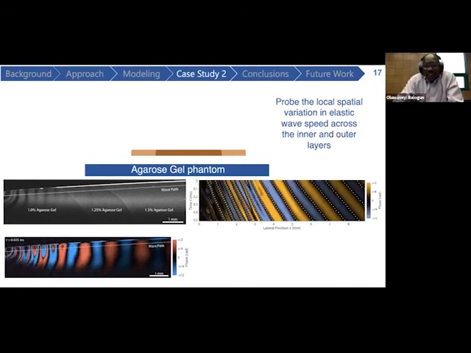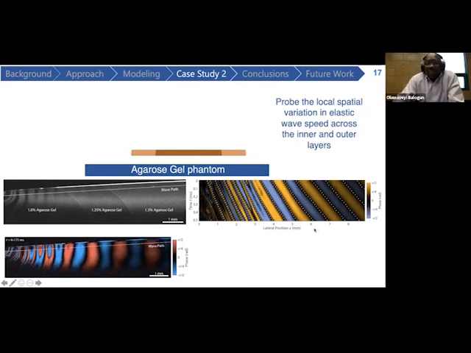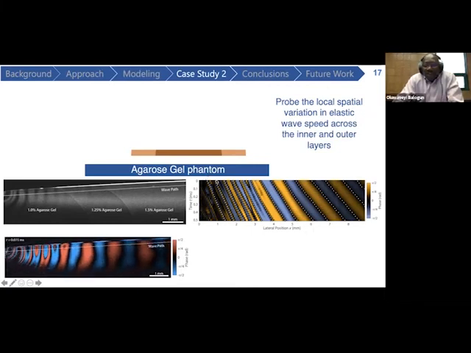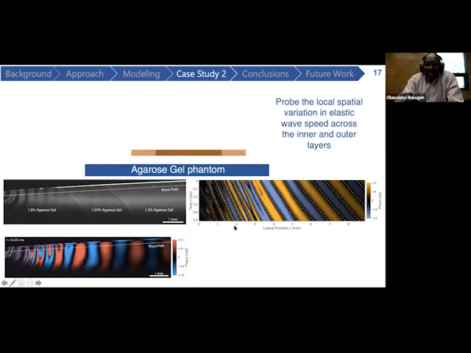We do some processing and convert this data into an arrival time versus lateral position image. We call this the acoustic B-scan. The image shows dotted lines representing lines of constant phase, and the slope represents the wave speed. So we're able to extract the wave speeds directly from these images.